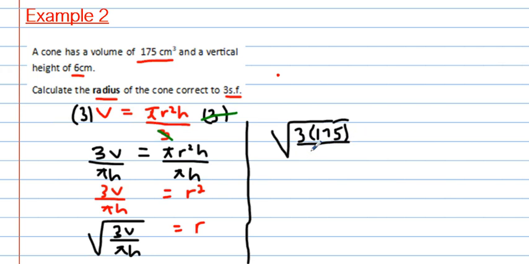Over pi, and the height is 6, so 6 pi, or pi times 6, okay? Let me use brackets so that it makes sense to you. I'm using my bracket as multiply, all right? Equals r.